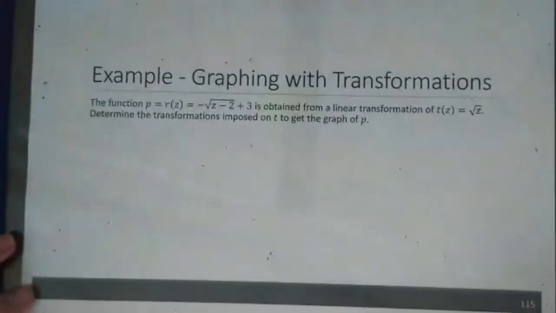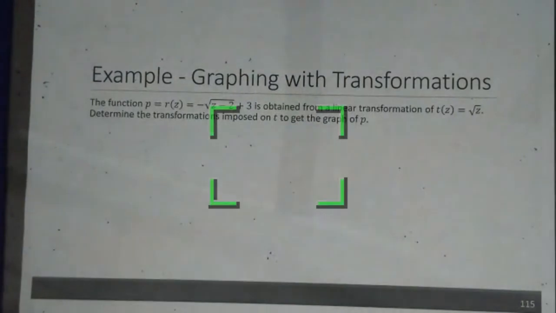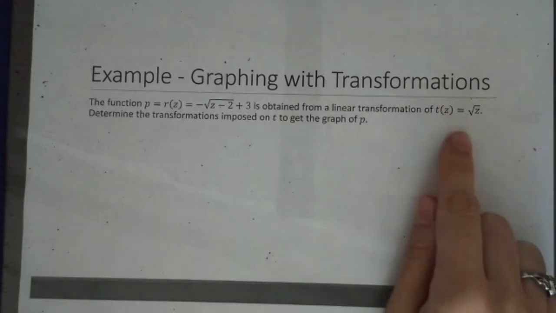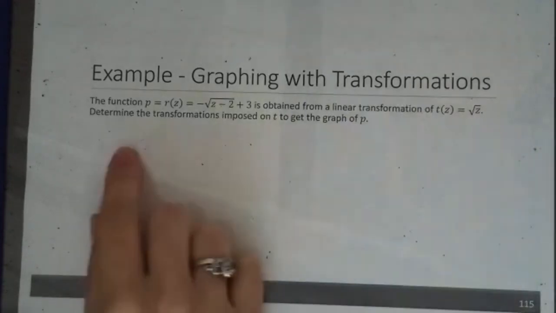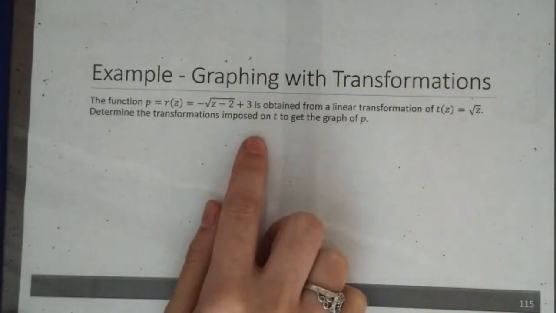Let's see if we can kind of dissect it the other way. If we have the function p, which is equal to r of z, which is -square root of z minus 2 plus 3, it's a transformation on the equation t of z equals the square root of z. Determine the transformations imposed on t.